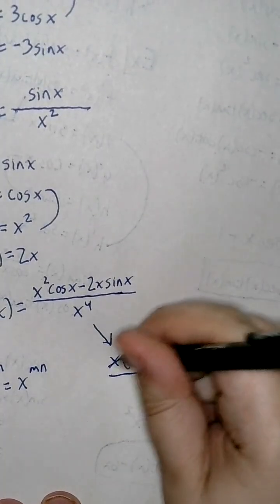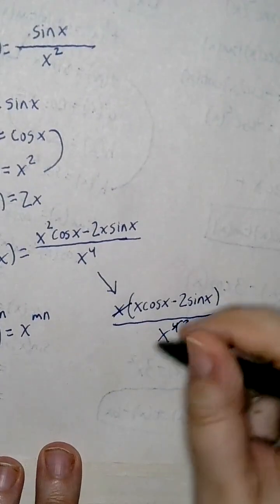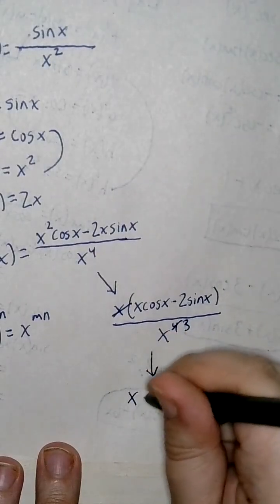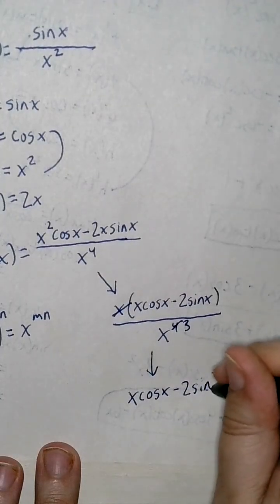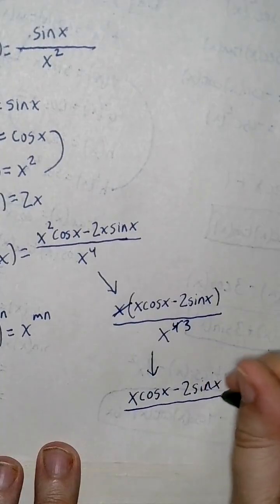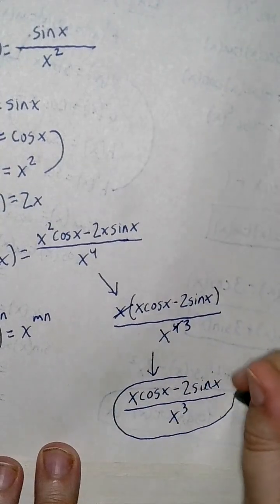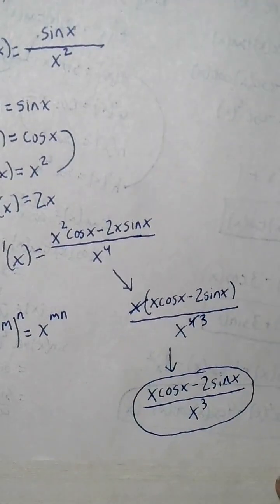And then we can say bye to one of those x's. So I'm left with x times cosine x minus 2 sine x all over x to the third. And that's it.